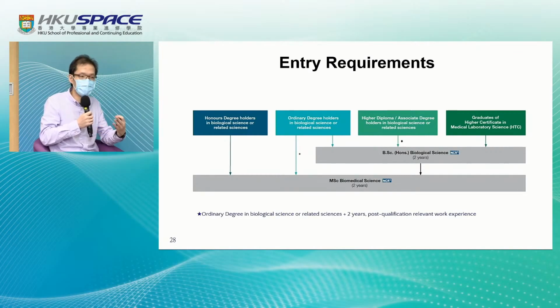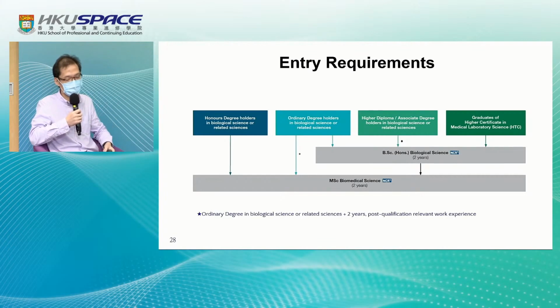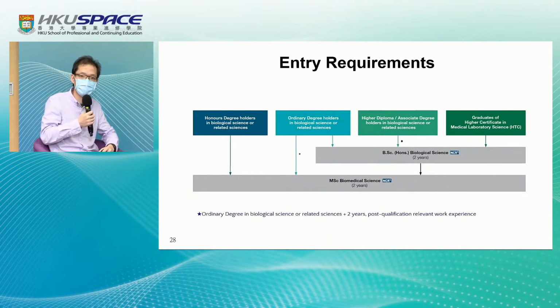If you are not in the field, or you only have a higher diploma or associate degree, the pathway is there already. You can apply to the BSc Biological Science, also SPACE, in collaboration with Edinburgh Napier University, a part-time program first. After you successfully complete that program, the MSc would be the next step.